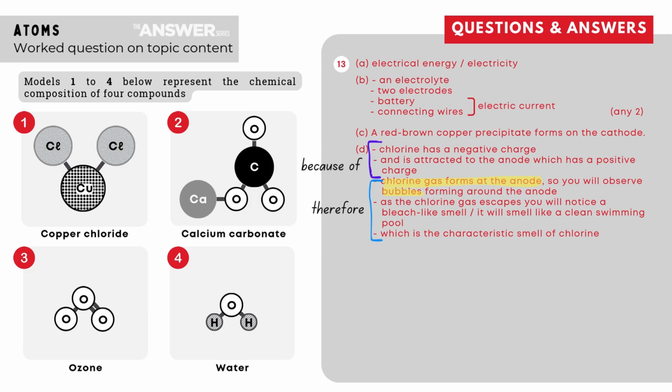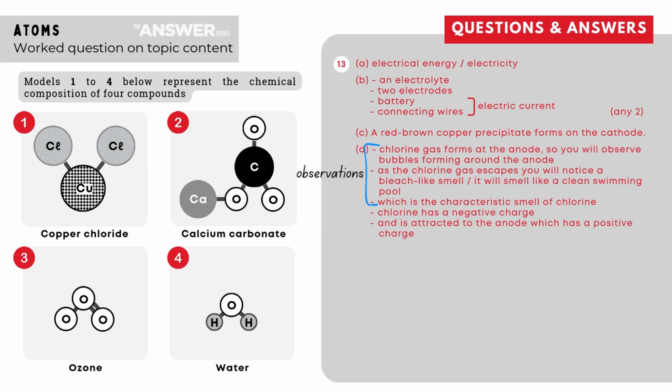Bubbles forming around the anode. And those bubbles escape. So you have chlorine gas that is escaping, and you'll notice that bleach-like clean swimming pool smell, which is characteristic of chlorine. So that's because this, therefore that. You tell me what the properties of chlorine are, therefore you observe X, Y, and Z at the anode.